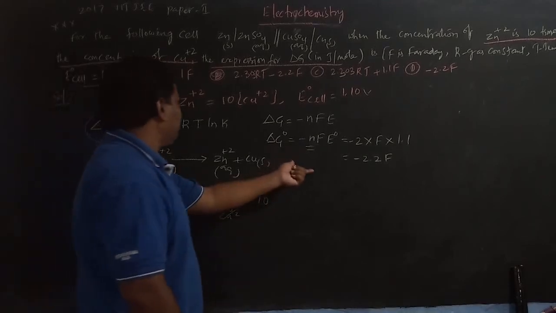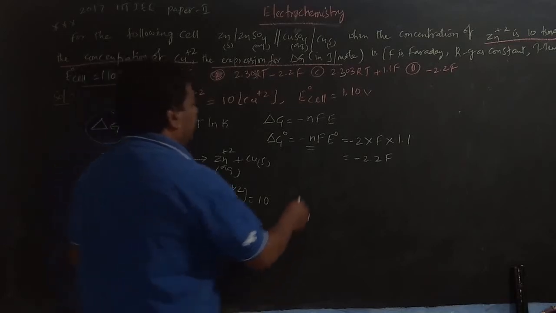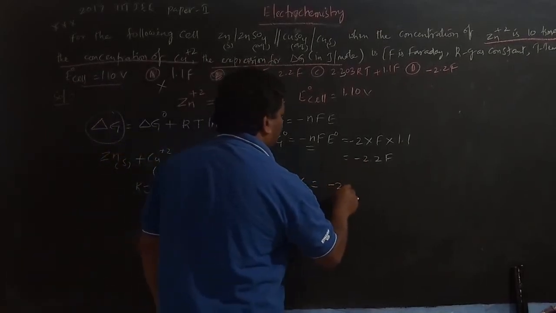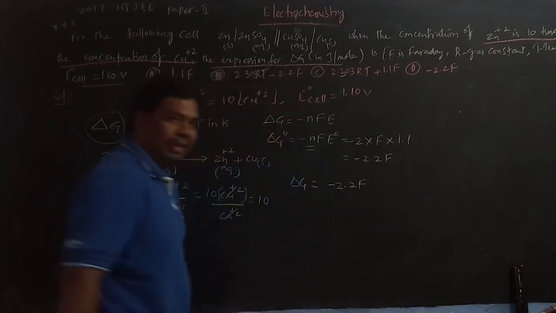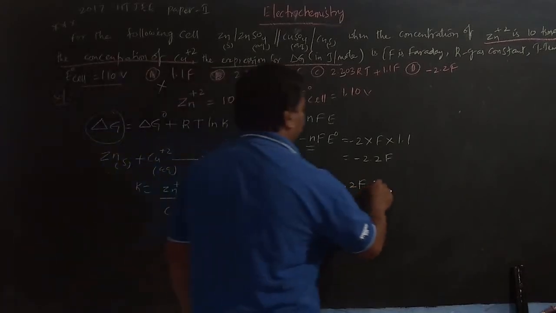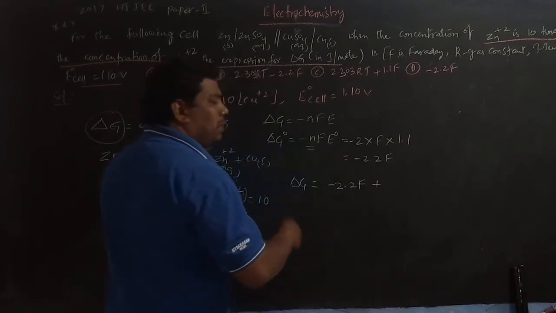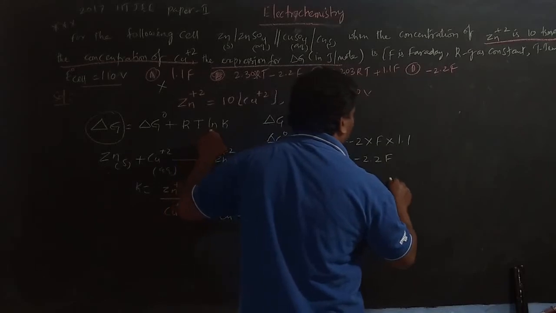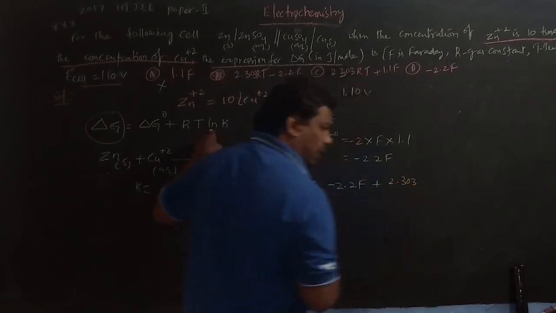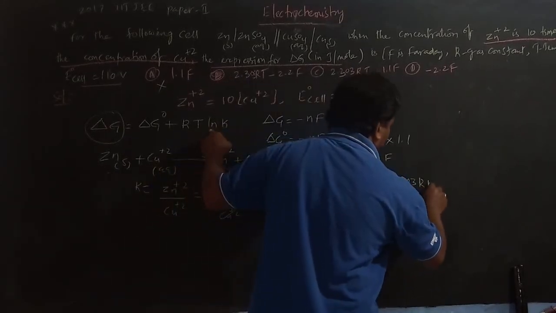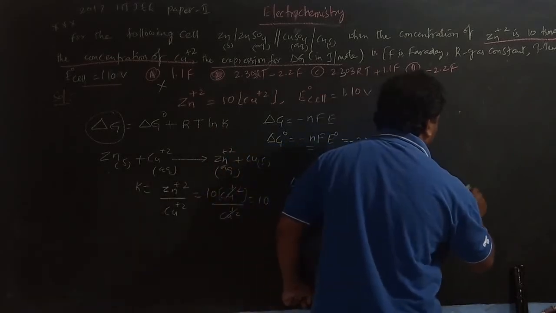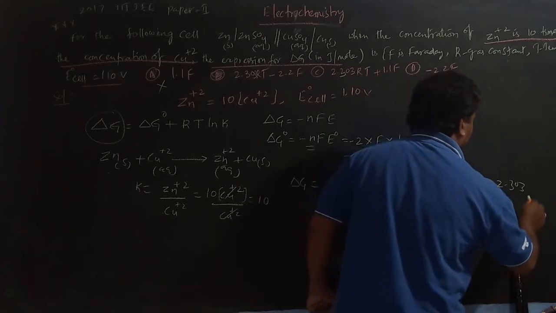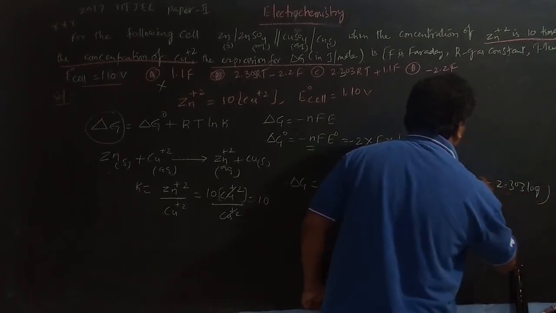Now we will substitute into this equation: delta G is equal to minus 2.2 into F plus, converting ln into log, 2.303 into RT. So ln is equal to 2.303 into log. Clear, students?